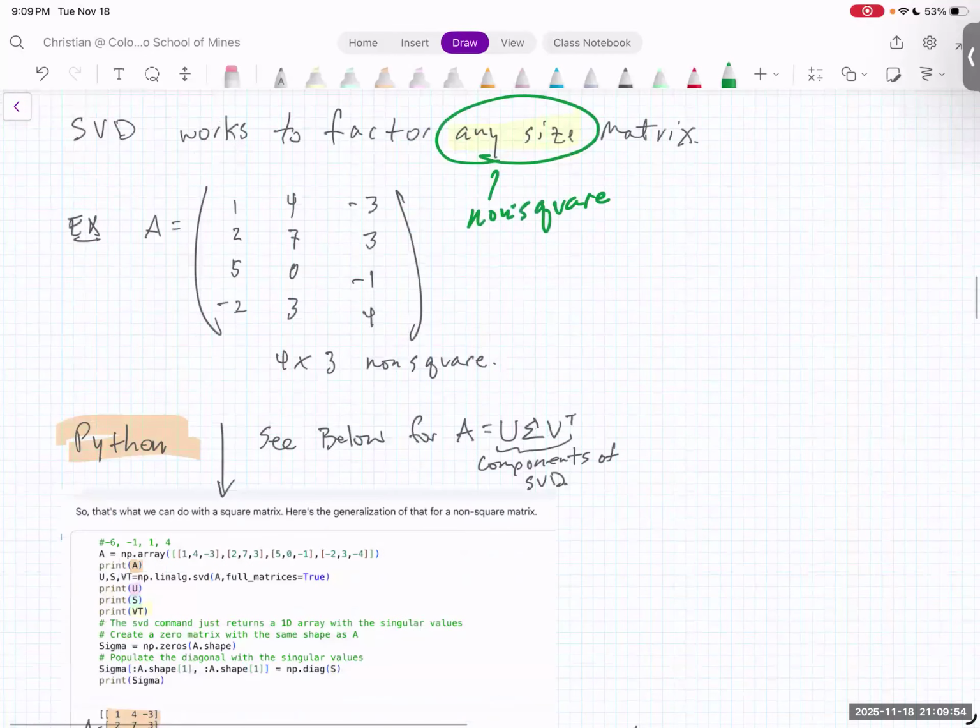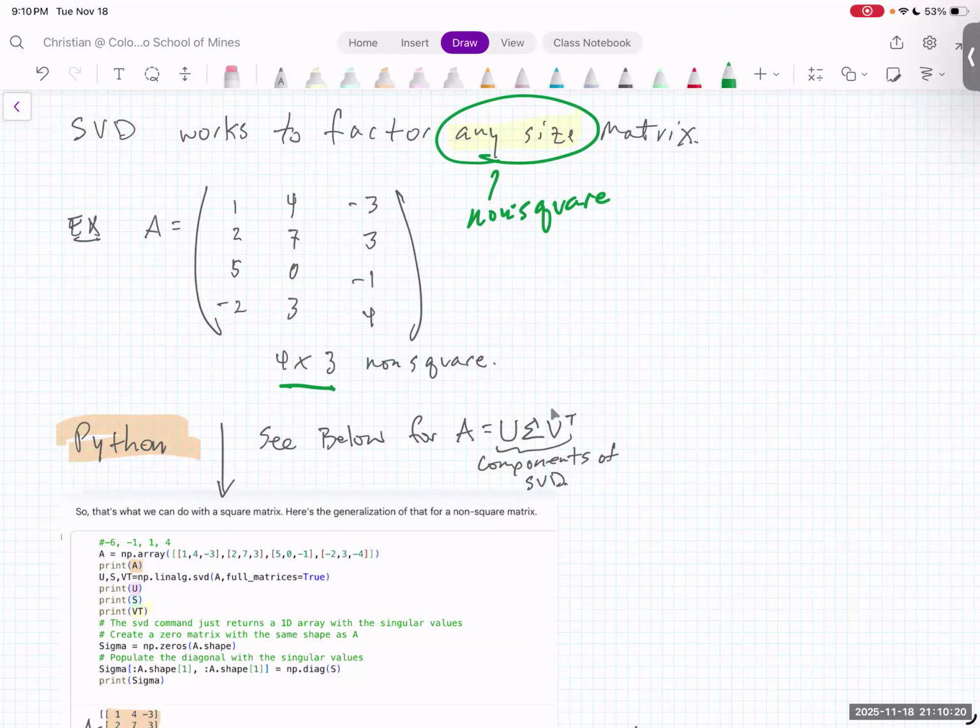So taking a 4x3, a non-square matrix, and trying to factor it into not a PDP inverse, but some other factorization. We're going to factor it into a matrix U, a matrix sigma, and a matrix V transpose.